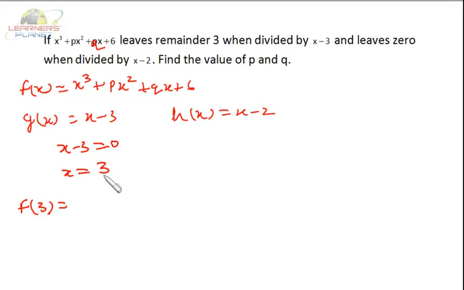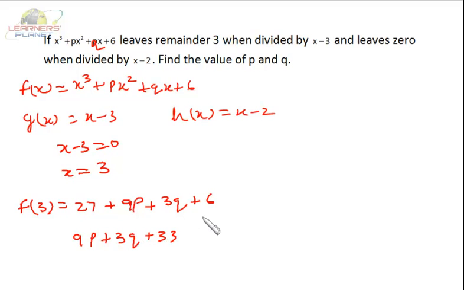So let's put the value of x as 3 in this equation. So 3 cubed, that is 27, plus 3 squared p, that is 9p, plus 3q plus 6. So 9p plus 3q plus 33.